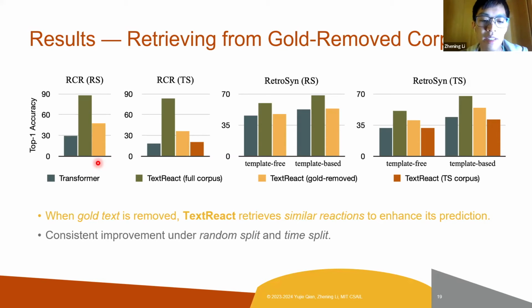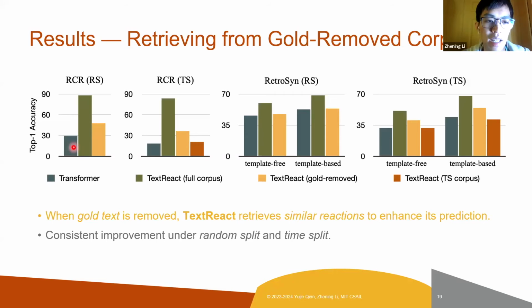And this is to simulate a situation where the user provides a reaction that has not been published before or that simply is not described by any text paragraph in our text corpus. And so in this more difficult setting, we actually still see an improvement relative to the transformer baseline. Of course, we see a decrease in performance from when we do have the gold text, thus telling us that the model is indeed looking at the text paragraphs to make its predictions.